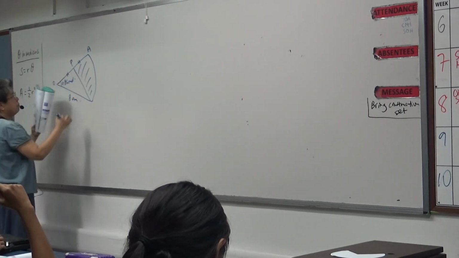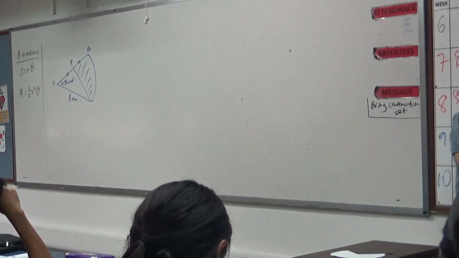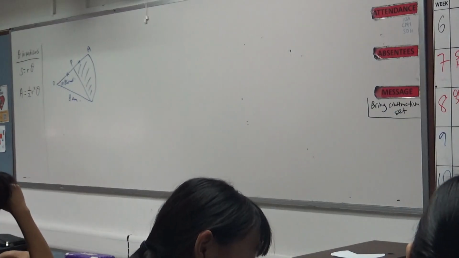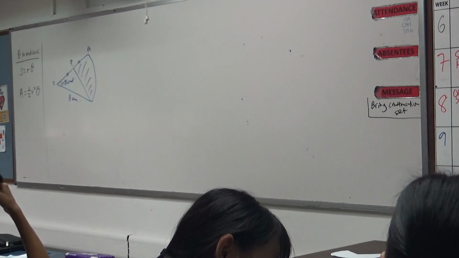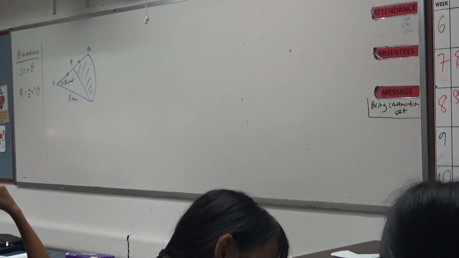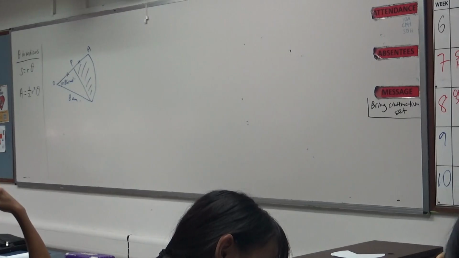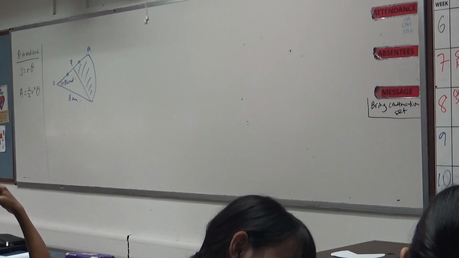This is 8 cm. Everybody clear? Now let's take a look at the question here. In the figure, OAB is a sector of a circle with center O and radius 8 cm. P is the midpoint of OA and angle AOB is 0.85 radians. Find the area of the shaded region.